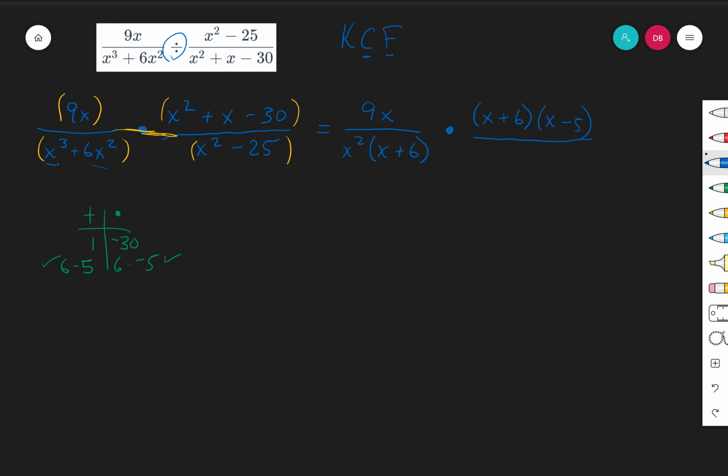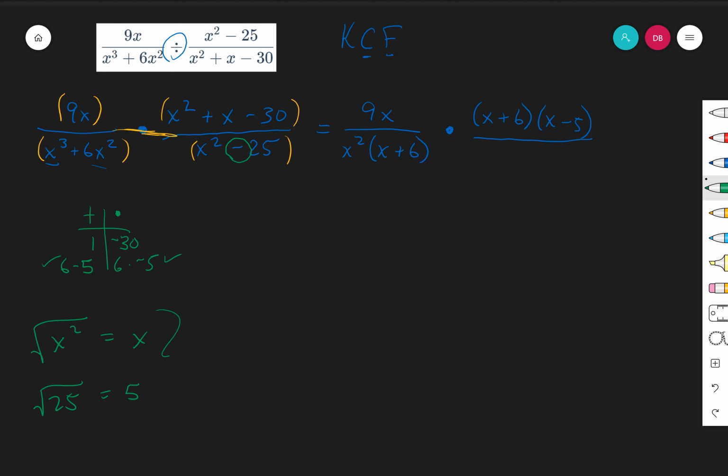And then down here we have a difference of squares, x squared minus 25. So those are both perfect squares. So remember, we take the square root of x squared, which is x, and we take the square root of 25, which is 5. And remember, we can do that because it's a difference of squares. It's being subtracted. We couldn't do this if it was addition.